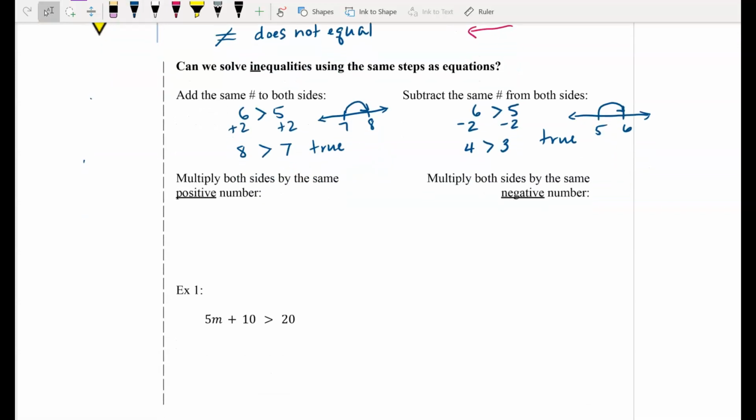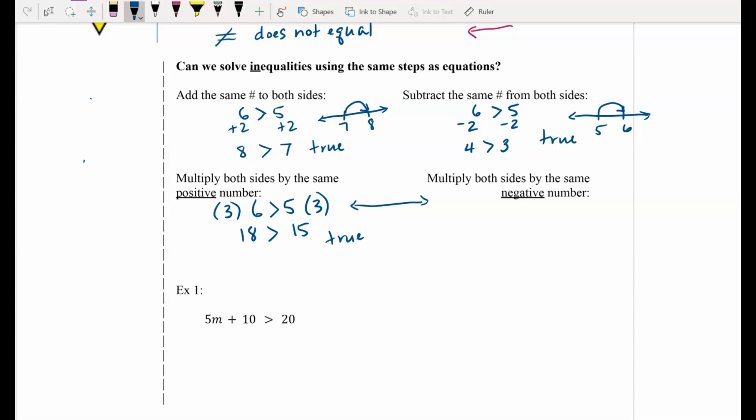Now let's look at multiplication. What if I take that simple example and I multiply both sides by the same positive number? I'm tired of 2, so I'm going to multiply both sides by positive 3. 3 times 6 is 18. 5 times 3 is 15. Is 18 greater than 15? That's a true statement.